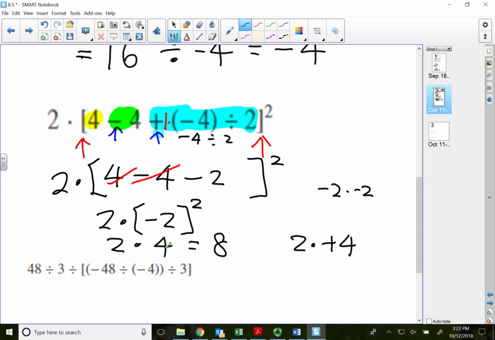Unless my 4 is a negative, then I will say 2 times negative 4. And you will notice I purposely write multiplication. So when I say it, I say 2 times positive 4, but I'm not going to purposely write a positive sign in front of that 4, because that just causes more confusion sometimes when we do these problems.